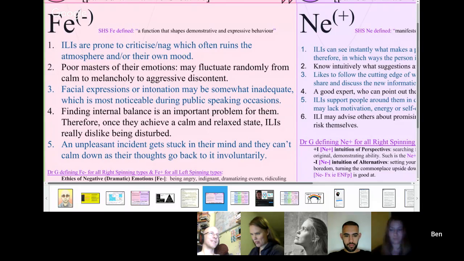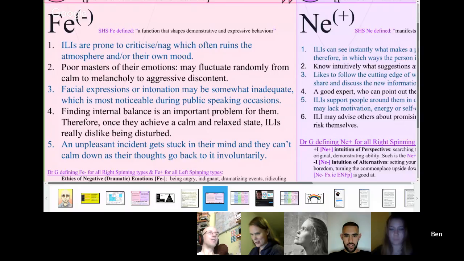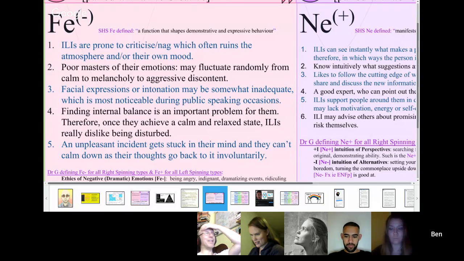Inadequate. Yeah, I mean, if you try to read my face, it's not going to tell you anything. Well, you think that, but actually it does, and this is why I.L.Is think that they're poker faced, but they're not as good at changing their mood.